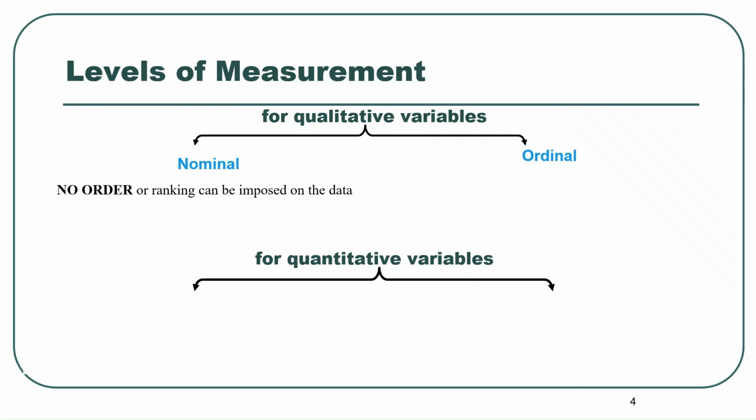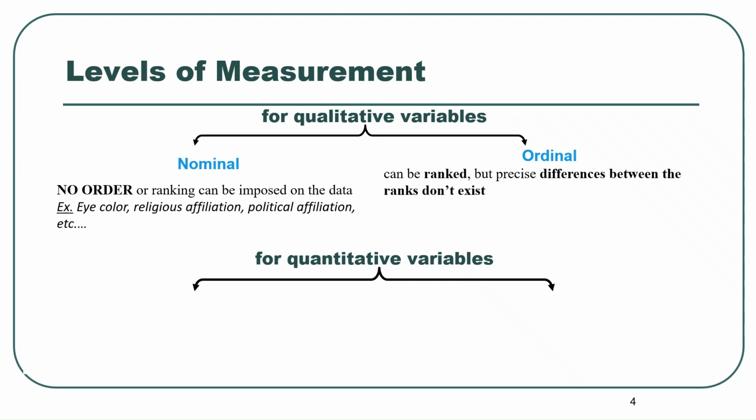If, however, there is some order, or you can order the values or the data for a specific qualitative variable, this means this variable is measured on the ordinal scale. So if the values of a specific qualitative variable can be ordered or ranked, then it is measured on the ordinal scale or levels of measurement.